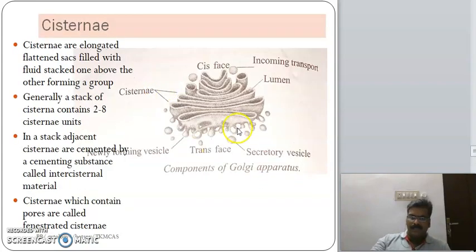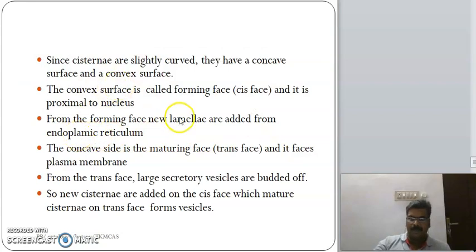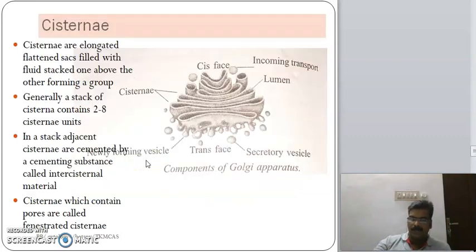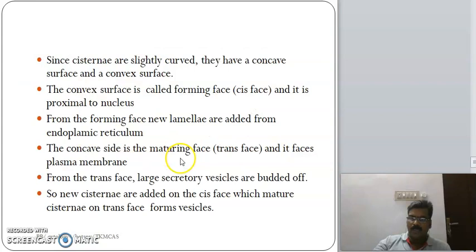If you see this, the cisternae are slightly curved. One end of the cisternae is concave and the other end is convex. The concave side is pointing towards the cytoplasm and the convex side is pointing towards the nuclear membrane.